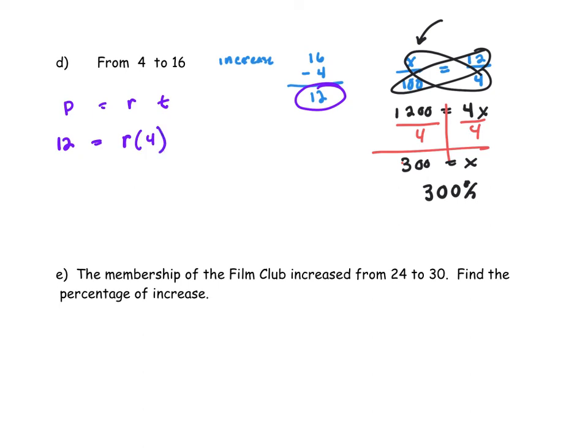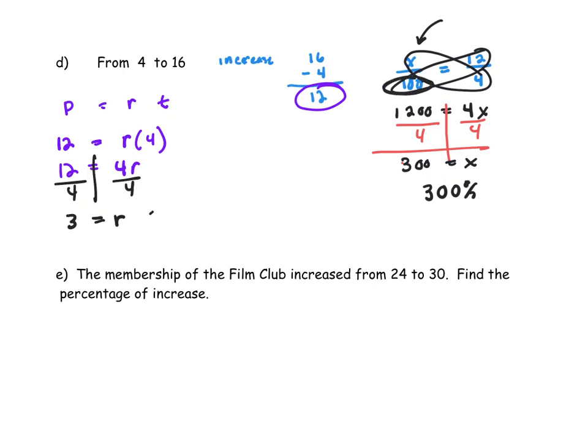Okay, so now I want to switch this around. We want to see the 4 first. So now we're ready to divide. I'm going to divide both sides by 4, and this time we're going to get 3 equals the rate. But this is an example where we have to change this to a percent. In the proportion method, the 100 is represented.